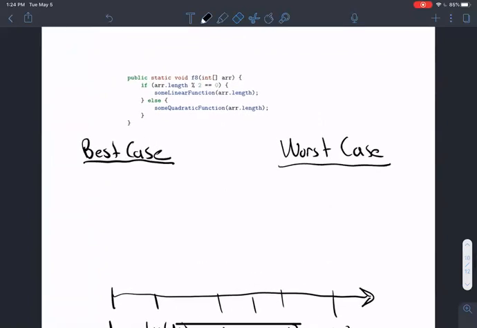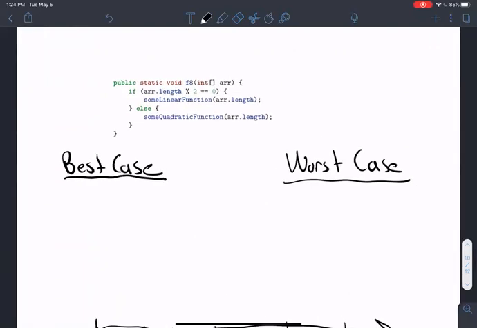I didn't write out these functions, but let's just assume that the first one runs linear with respect to the input, and the second one runs quadratic with respect to the input. So let's think about the best case.